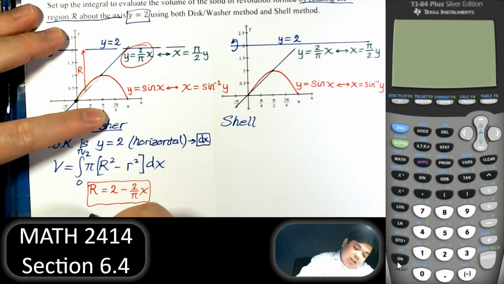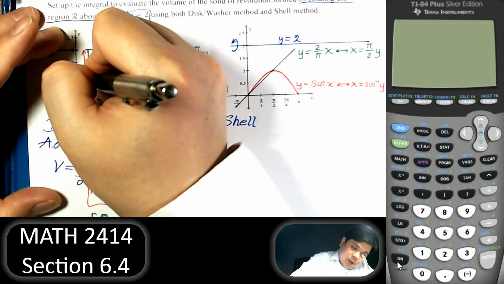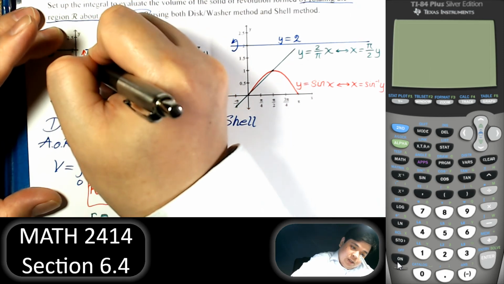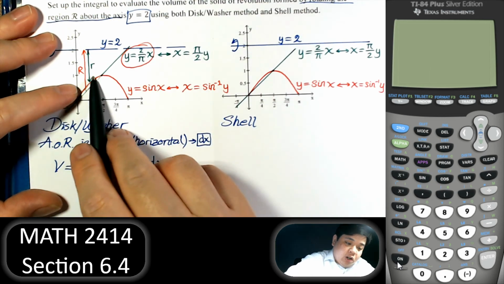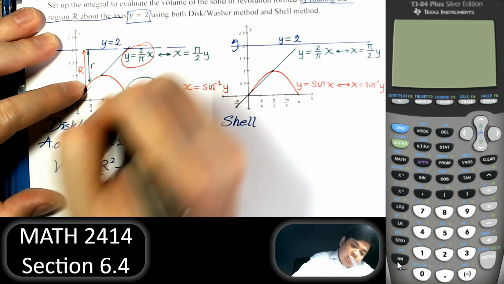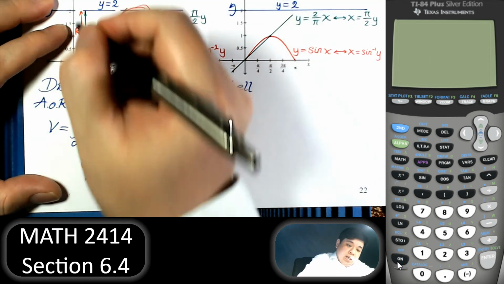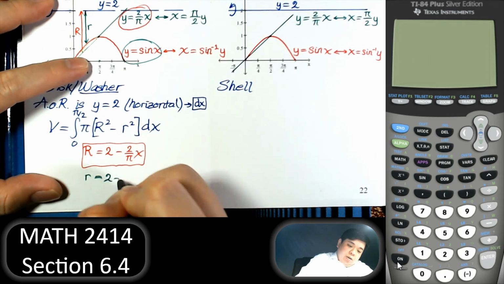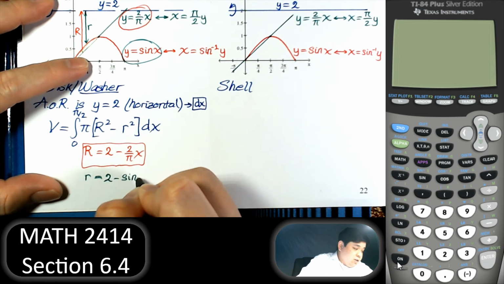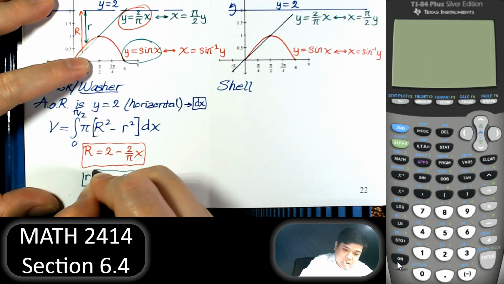The little radius is from the axis of rotation to the inner edge, which is this function. And since we use x, we're going to use that. So r is going to be upper function minus lower function. That is little r.